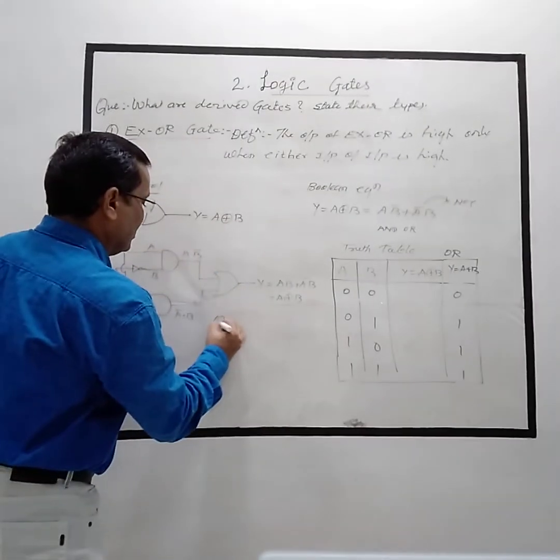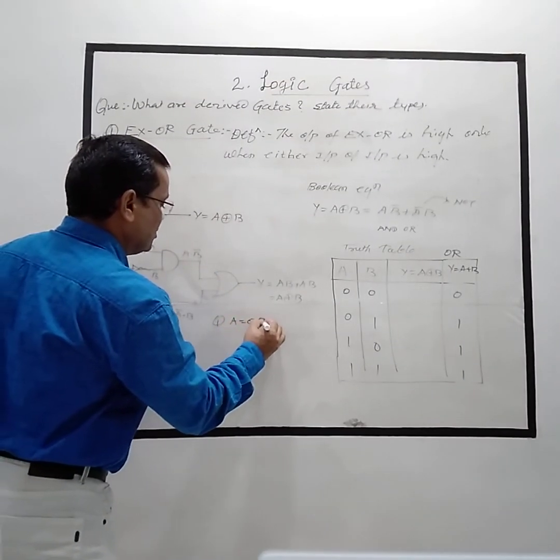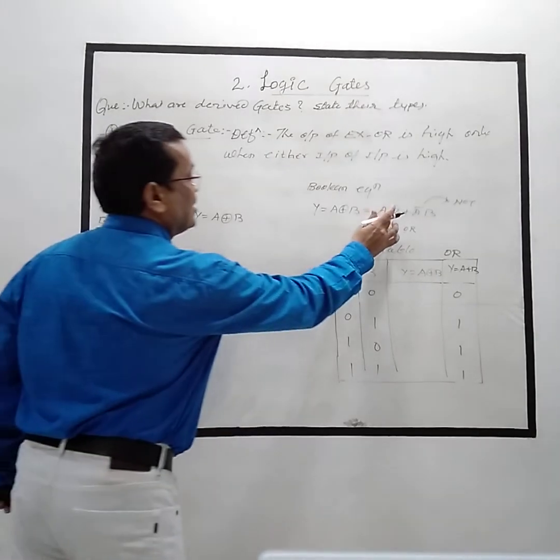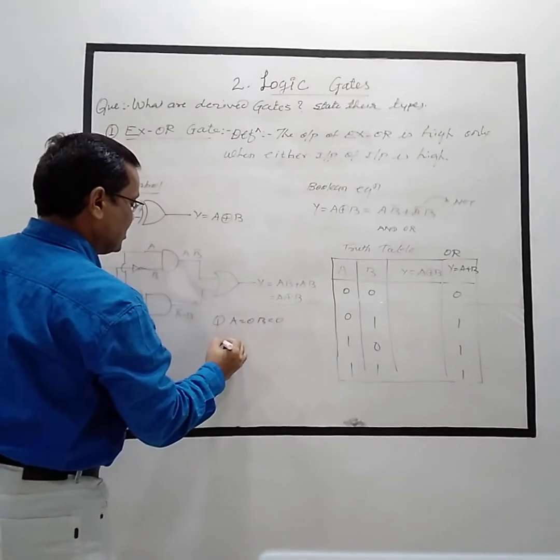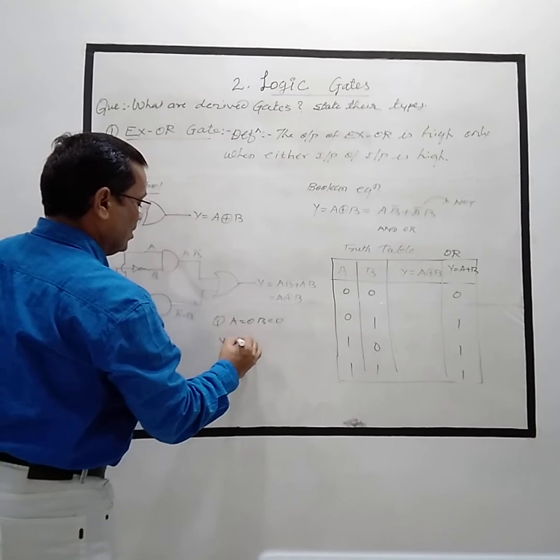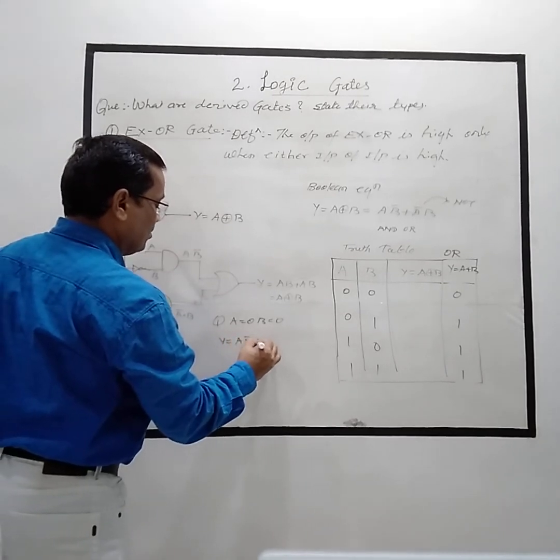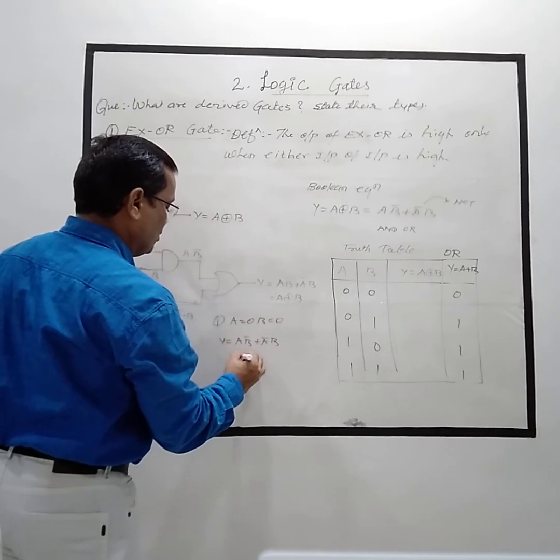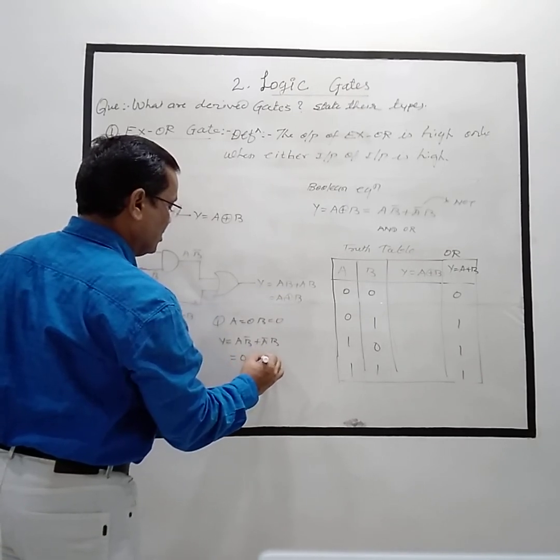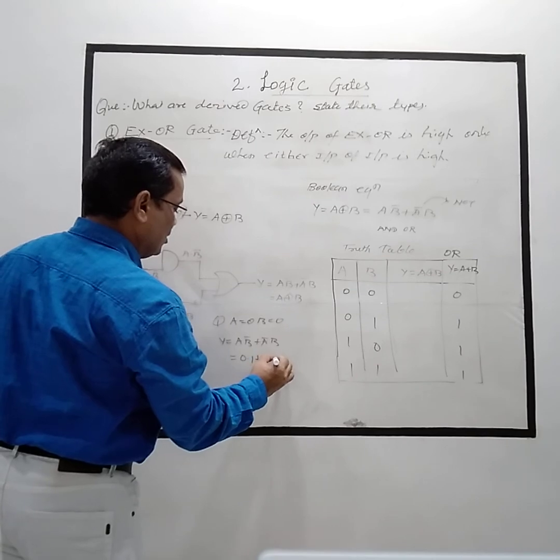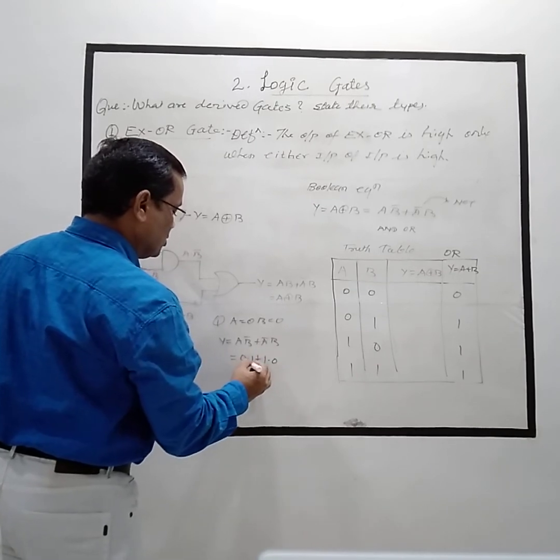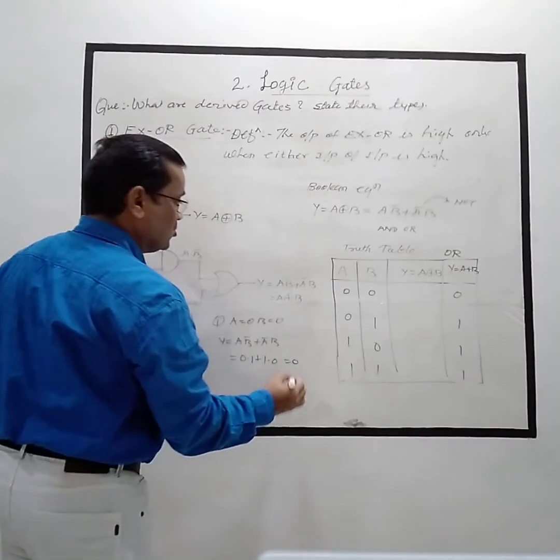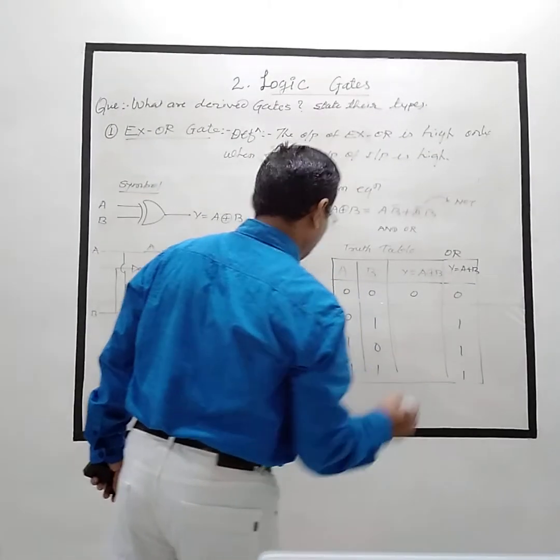Case number 1, A is equal to 0, B is equal to 0. By substituting in the equation, Y is equal to A B bar plus A bar B. So A is 0, B bar is 1, plus A bar is 1 dot B is 0. So 0 plus 0 is equal to 0. So the output will be 0.